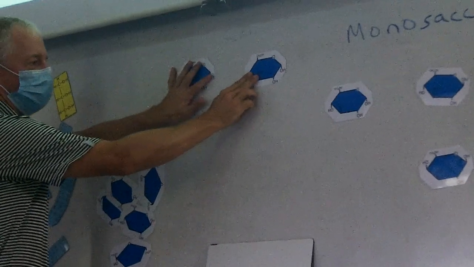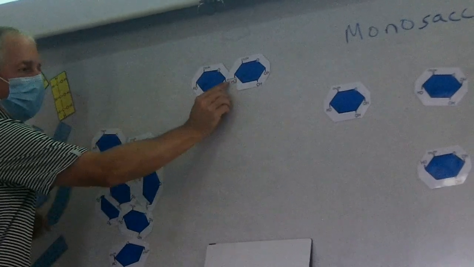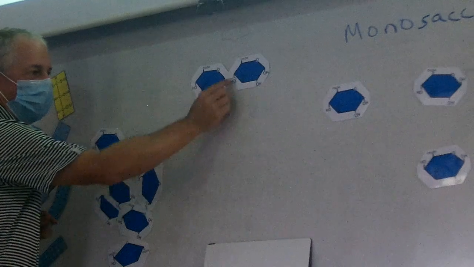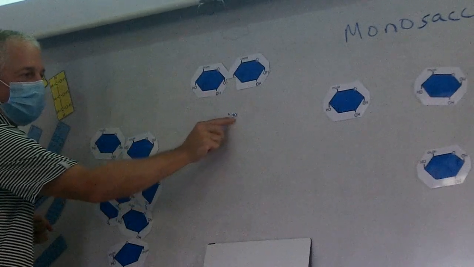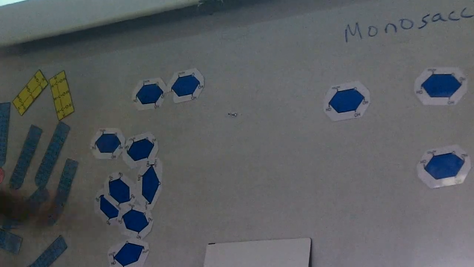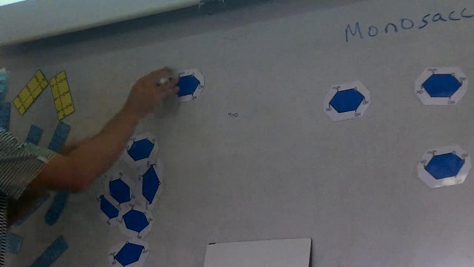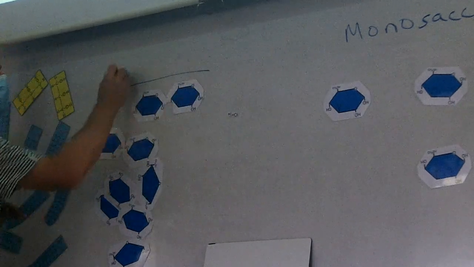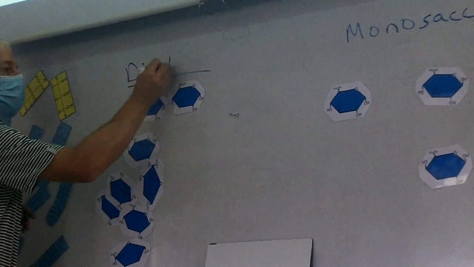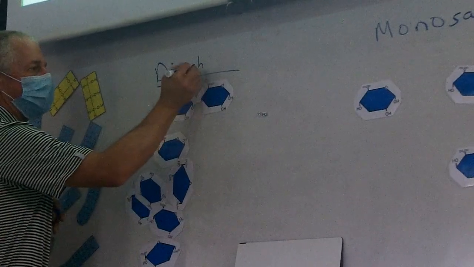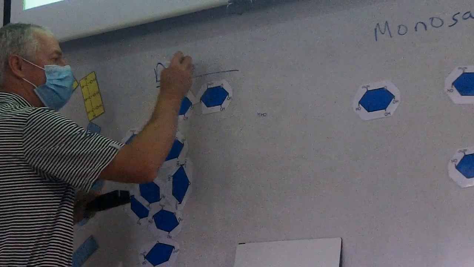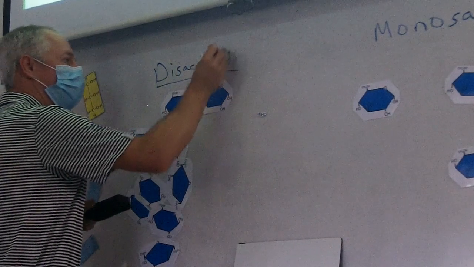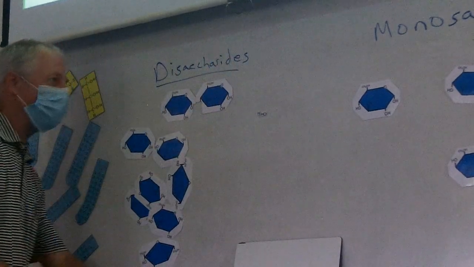And you put them together like this. H comes off of one. OH comes off the other. Now you have H2O. And these are linked together. So, these are called disaccharides. I think that's spelled right.